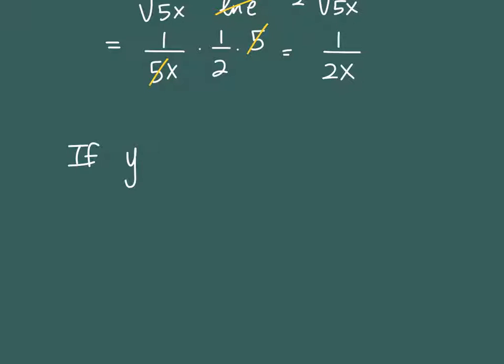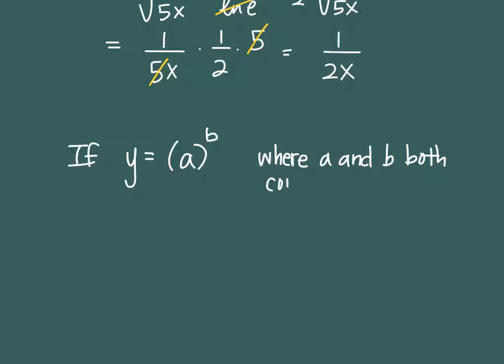If y equals a to the b, where a and b both contain x. So if that is a situation, a is something that has x in it, and the power b is something that has x in it also.